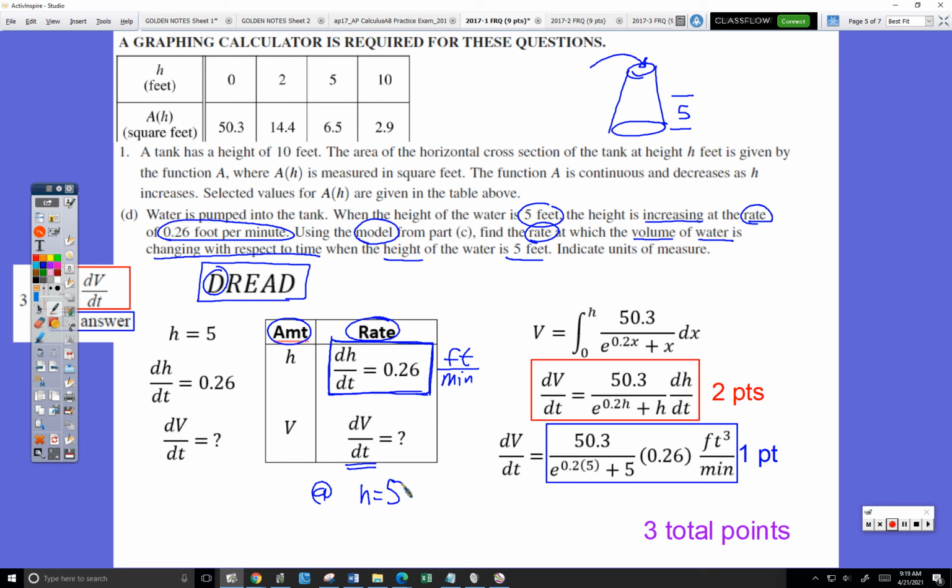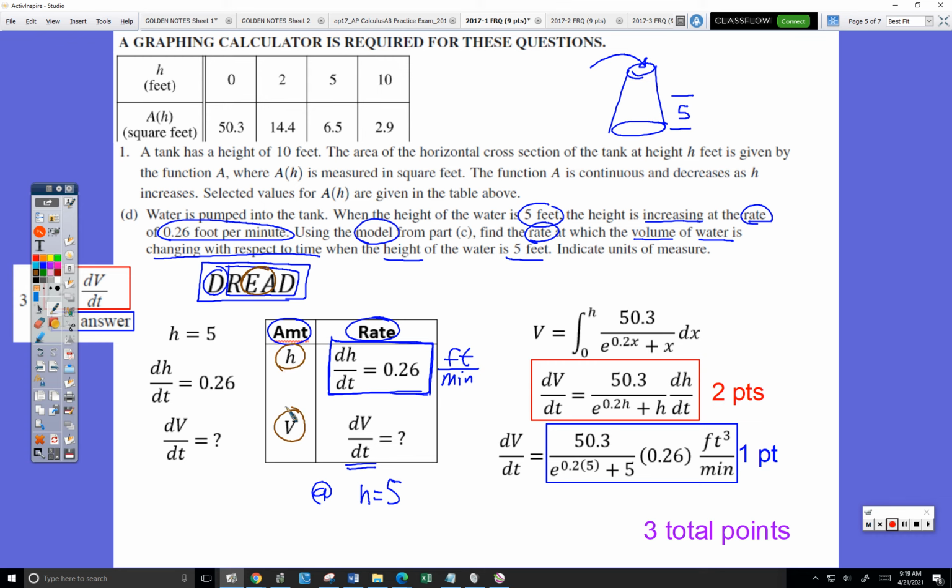Okay, so I've read the problem, I've got all the rates written down. Now I need to find an equation that uses the amounts. So I need an equation that has an h and a V in the equation.